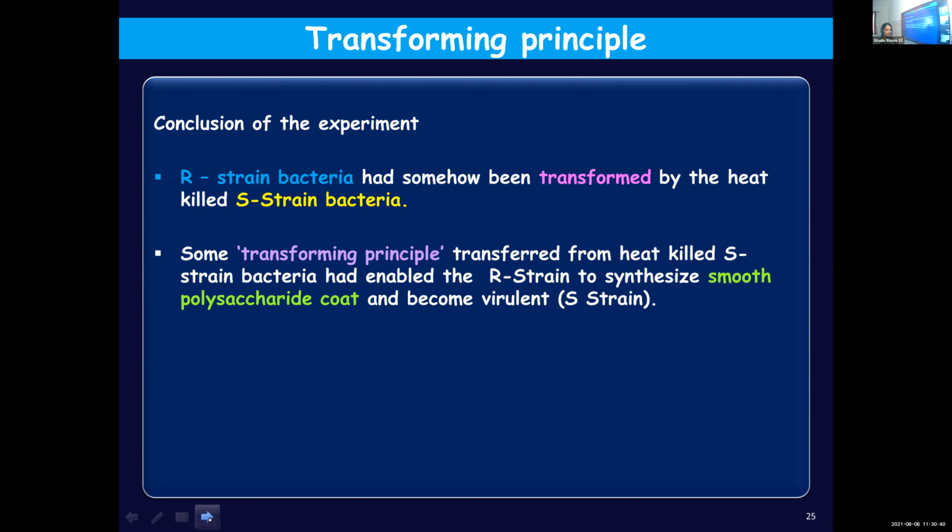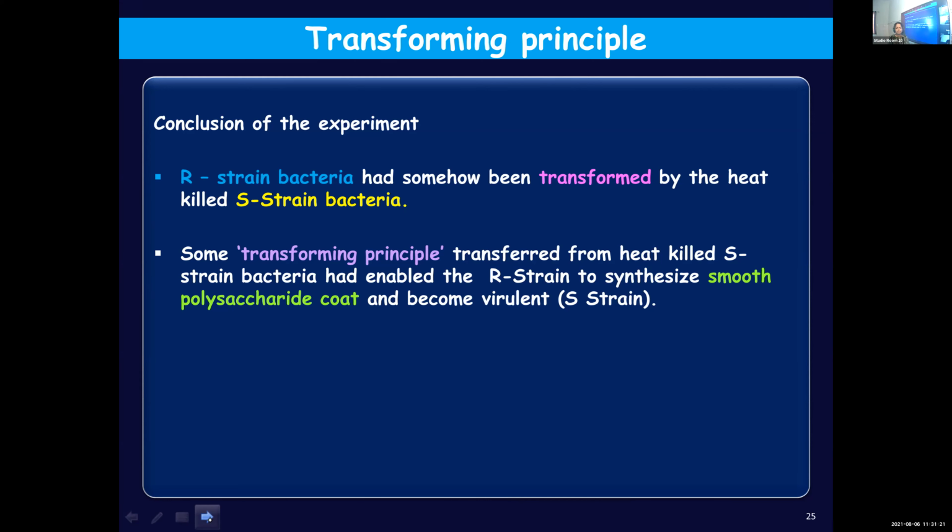Even though it was heat killed, something was still active there which got transferred into the R strain bacteria and enabled them to synthesize that mucus coat or polysaccharide coat. And once the polysaccharide coat was developed, it got transformed into S strain, the virulent bacteria. So the scientists were unaware what substance or component had got transferred into R strain bacteria to bring about changes in them.